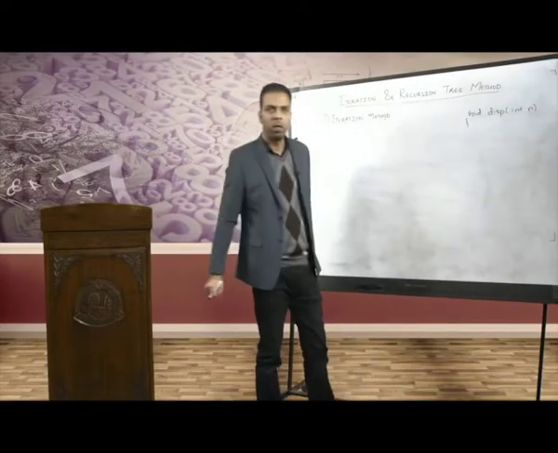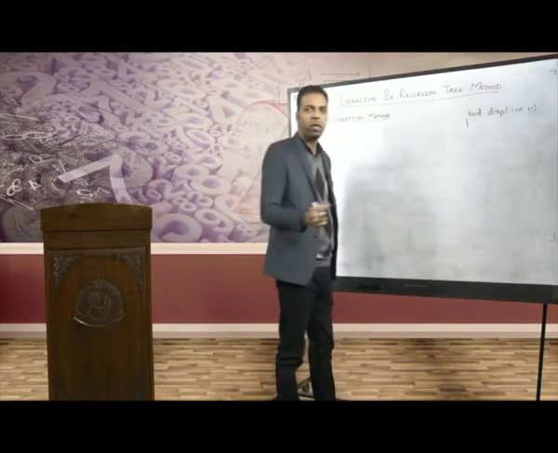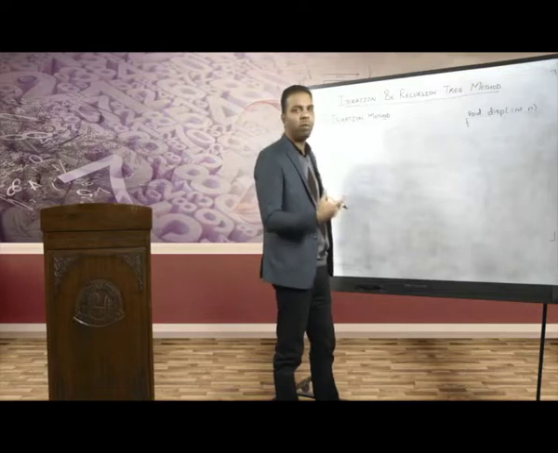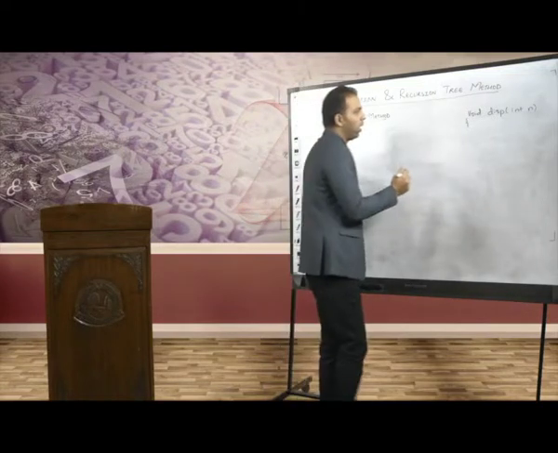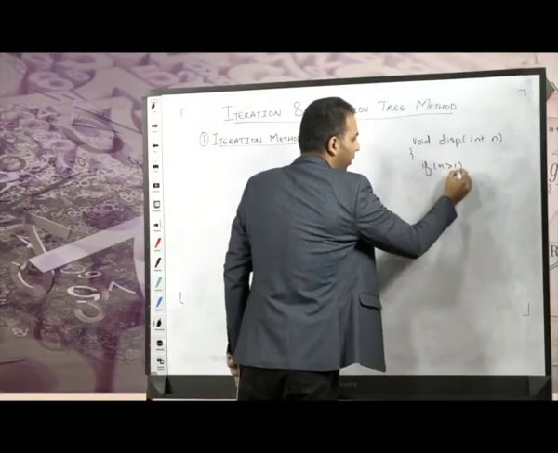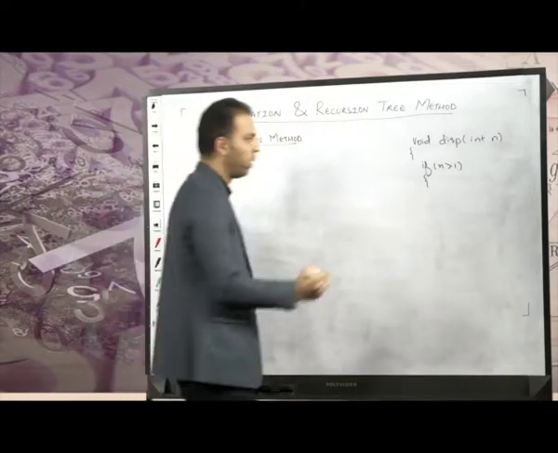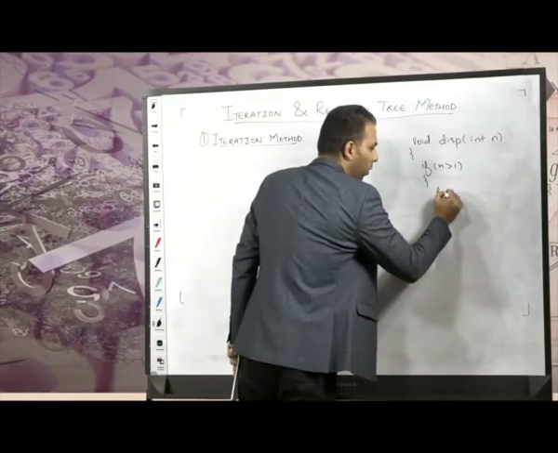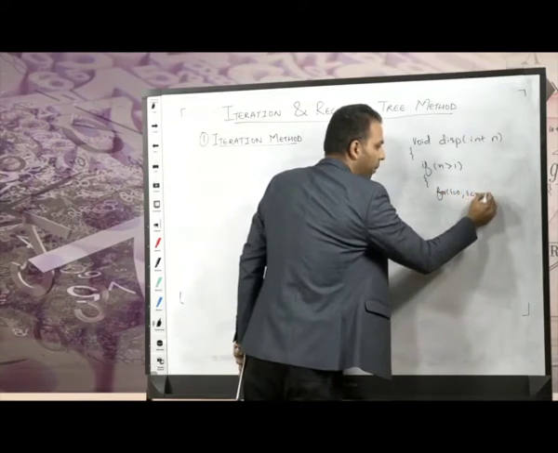So what we are doing here, instead of looking if n is greater than 0, we are looking at if n is greater than 1. I'll be telling you why we are looking at n greater than 1. So we'll be checking if n is greater than 1, and inside we'll have a for loop: for i equal to 0, i less than n, i plus plus.